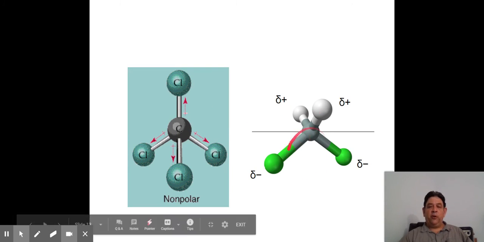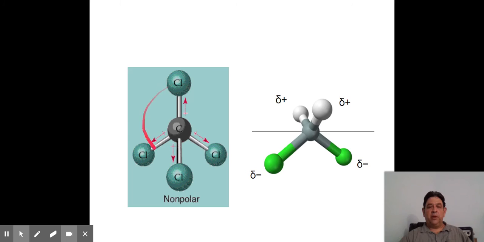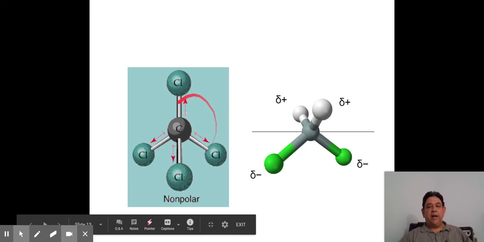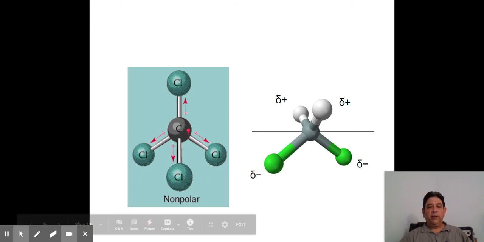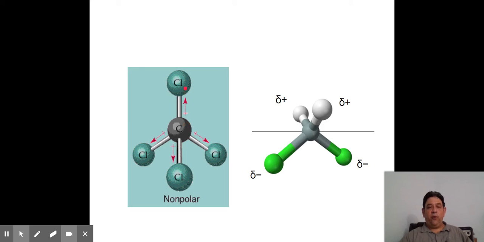And we have a polar molecule here and a nonpolar molecule here. Why isn't this molecule polar? Well, it's got 4 polar bonds. Between carbon and chlorine, there's enough of a difference that we can say there's a polar bond or a dipole moment. And you can see it's right here. We have a dipole moment here, here, there. So there are 4 dipole moments on this molecule.